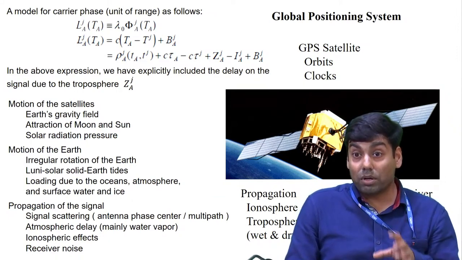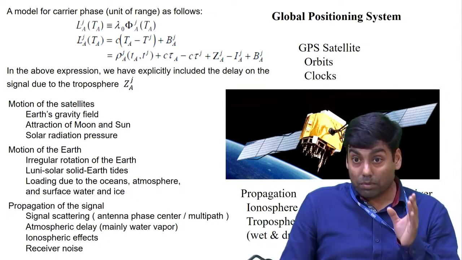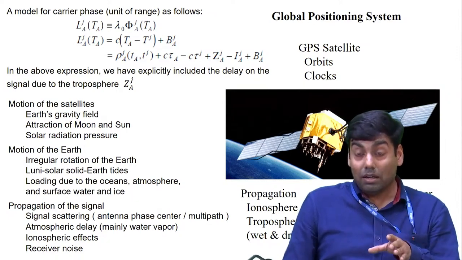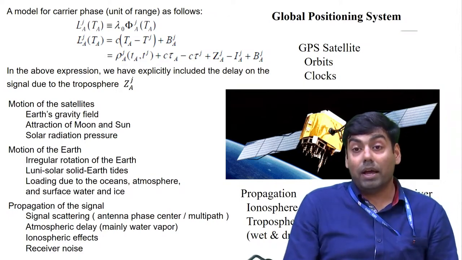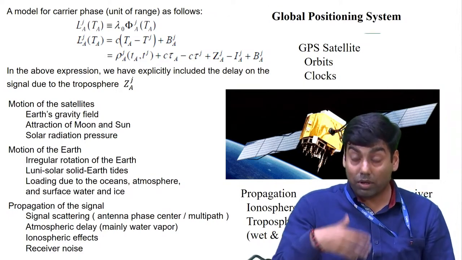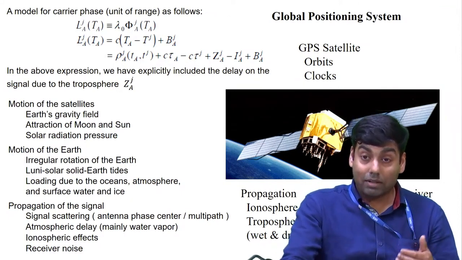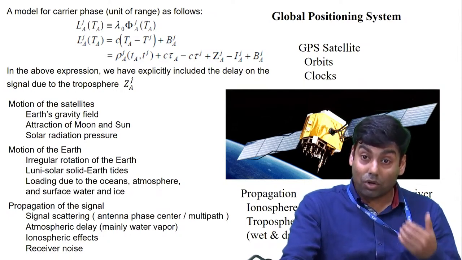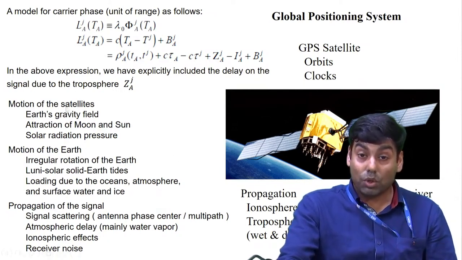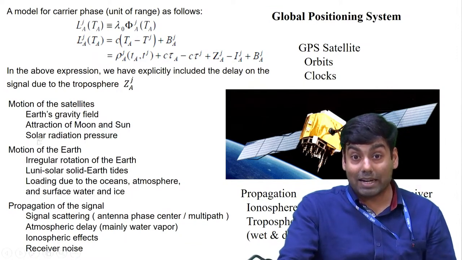Okay, precise point positioning. When you are going for precise point positioning as well as processing, you have to have this much of error budget, and you have to model the data through making partial derivatives, so many matrices, linear combinations. Then you should have all this model information, like motion of the satellites, motion of the earth, propagation of the signal.